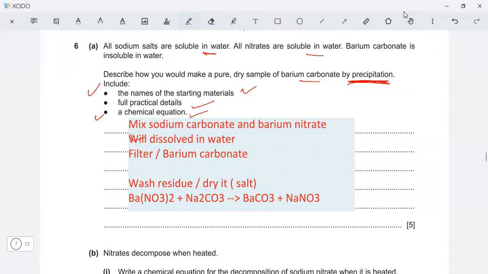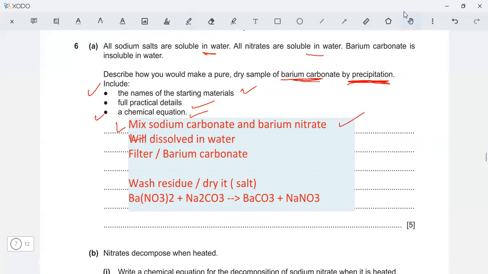So they're talking about a precipitation reaction. It's very simple. How are you going to prepare the barium carbonate? Basically we have to have two salts. Here we are given barium carbonate, and we have nitrate compounds as well. So let us take the starting materials: sodium carbonate and barium nitrate, dissolve them in water and mix them together.